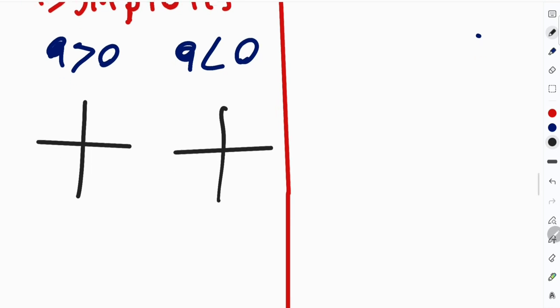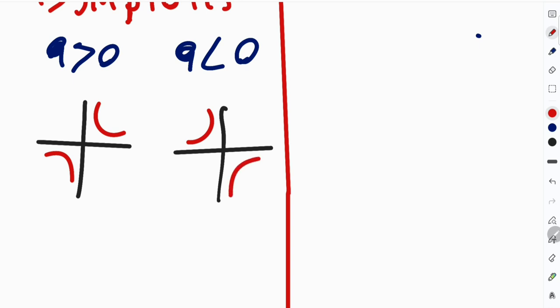When your a is greater than 0, your graph will be in this quadrant. And if your a is less than 0, then your graph will be in this quadrant.